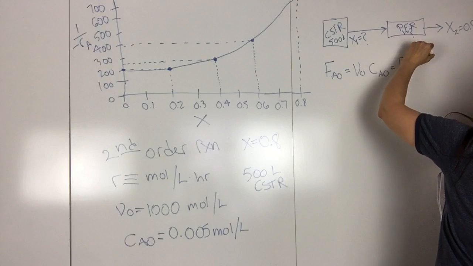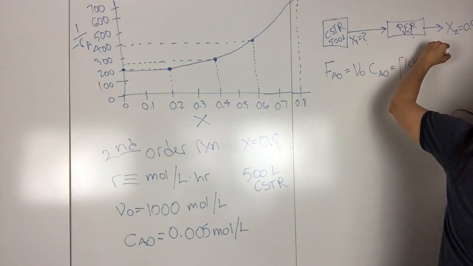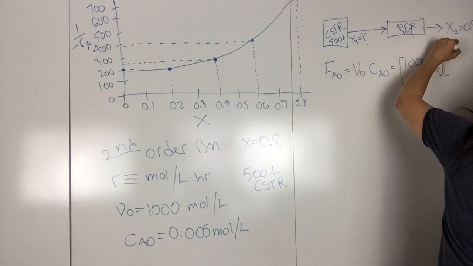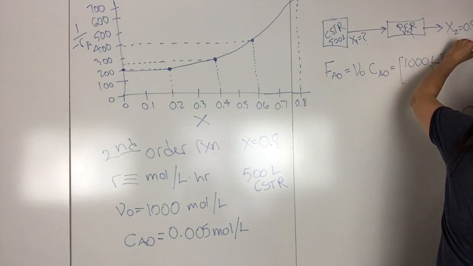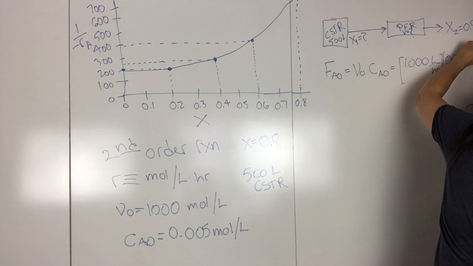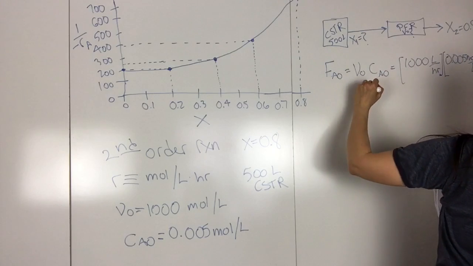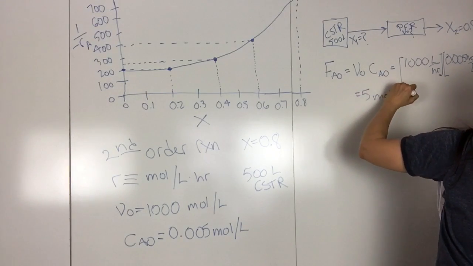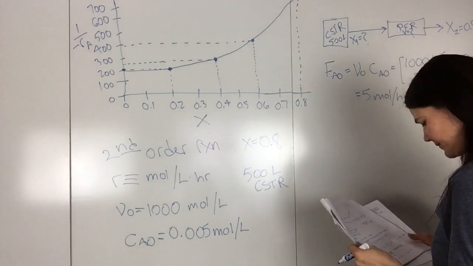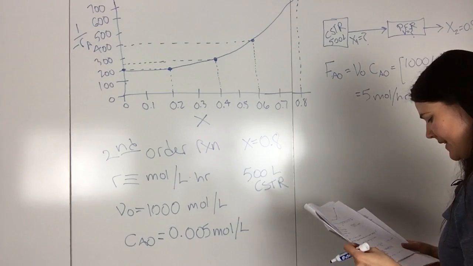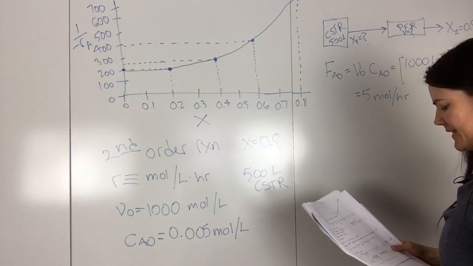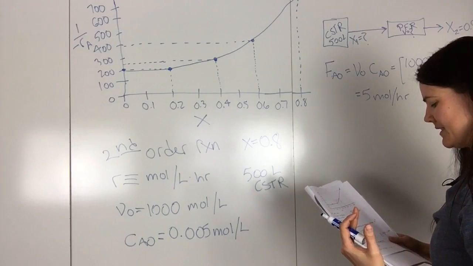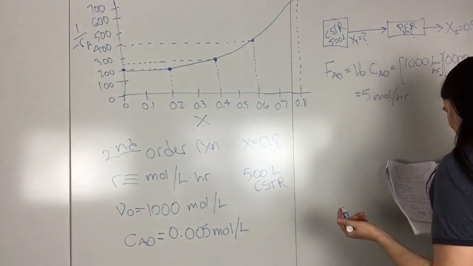This is 1,000 liters per hour multiplied by 0.005 moles per liter. So this equals 5 moles per hour.